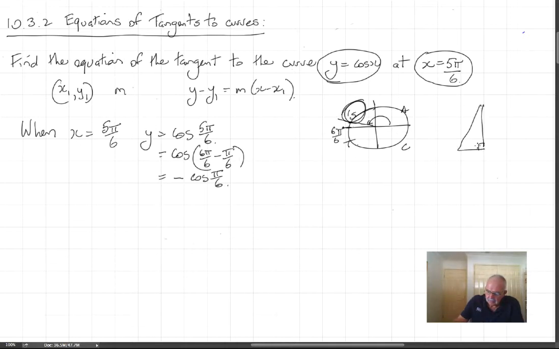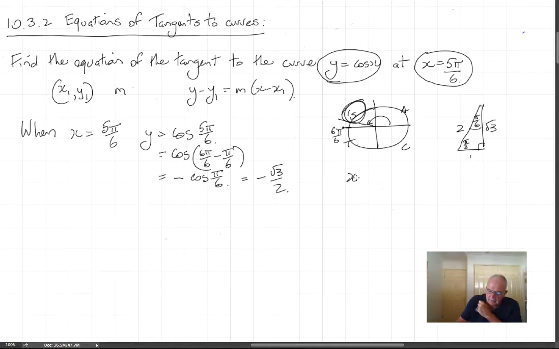That's this triangle, and that's 1, 2, √3. This is π/3, and this is π/6. So the cos of π/6 is √3/2. So that's minus √3/2. Okay, now we'll leave it in terms of √3/2 rather than work it out as a decimal, and give our answer in exact form. So we've got the y value.